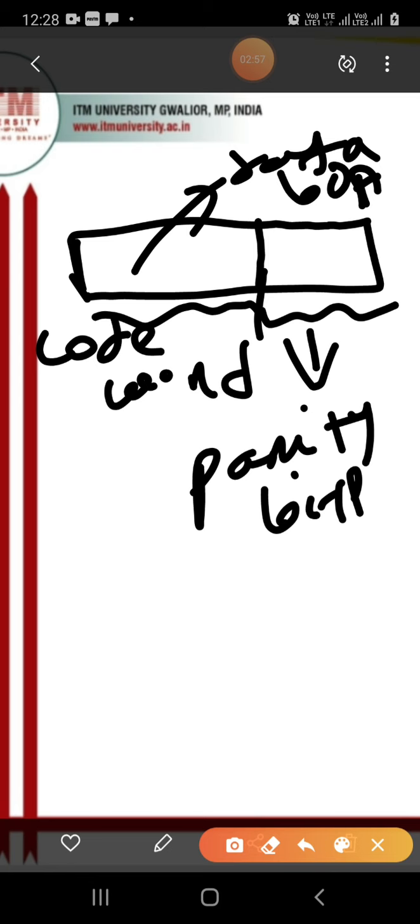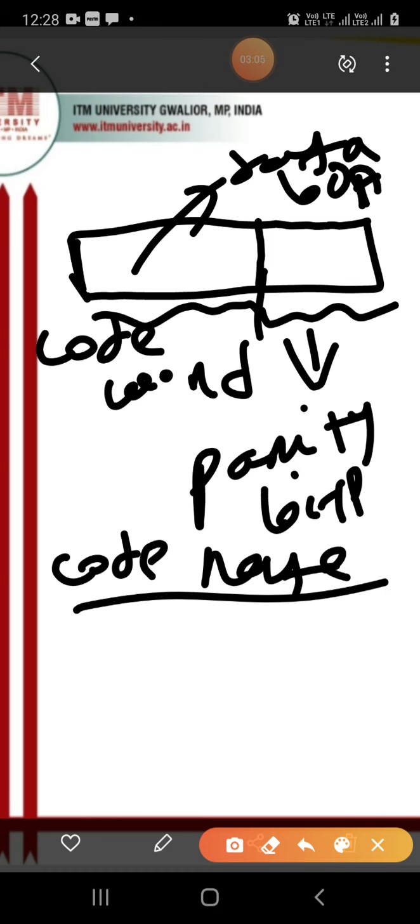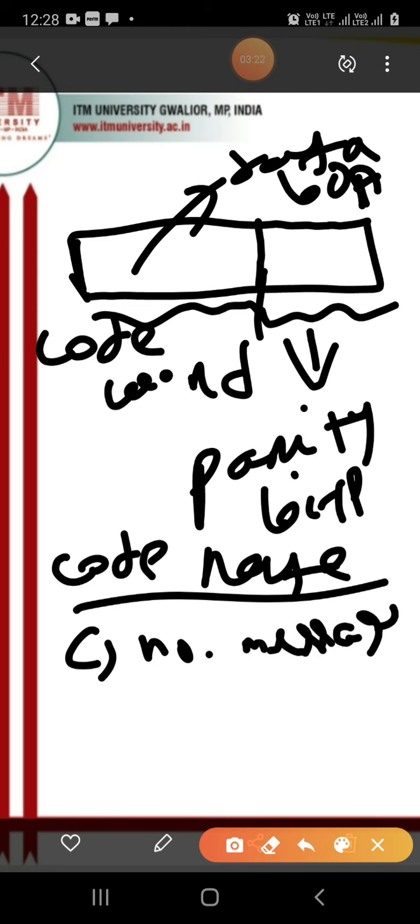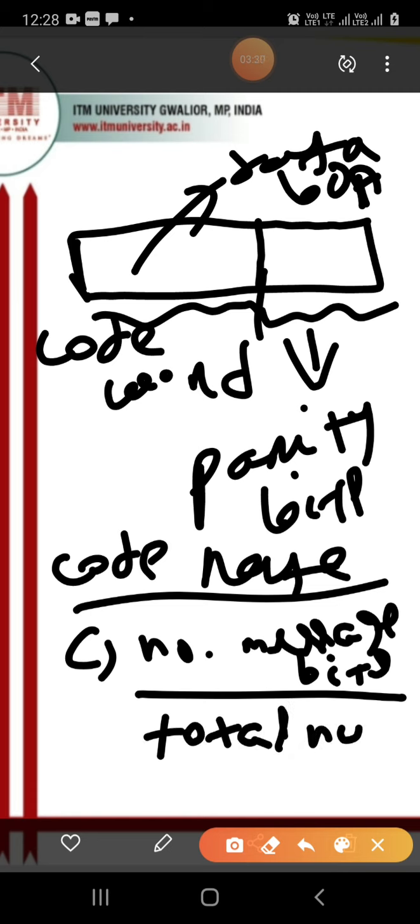Now coming to talk about code rate. What is code rate? It can be defined as the ratio of the number of message bits to the total number of bits, which includes the parity bits and the message bits.